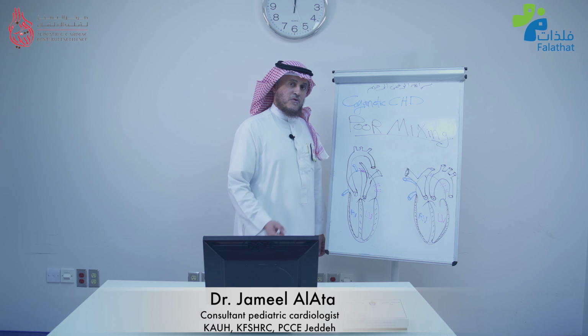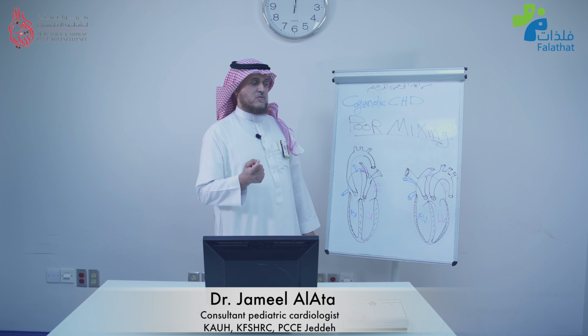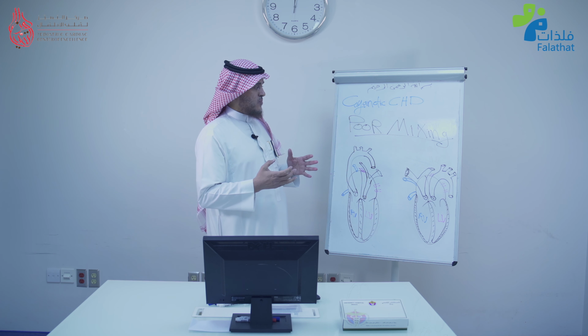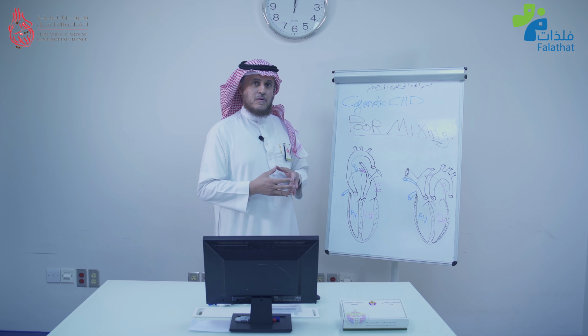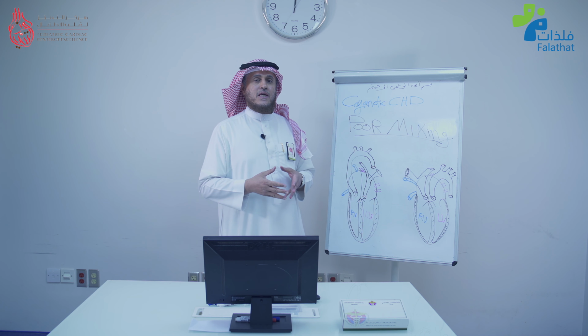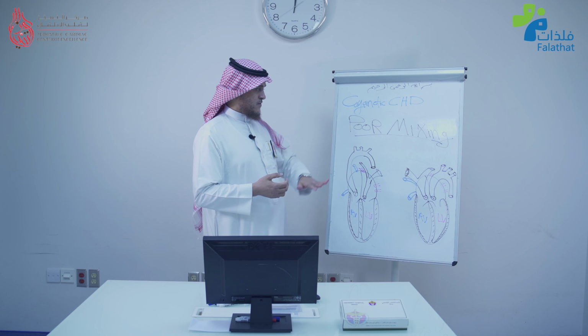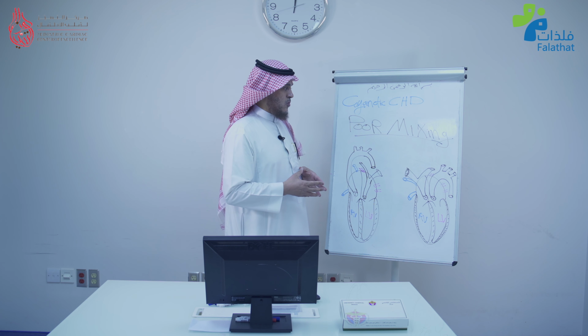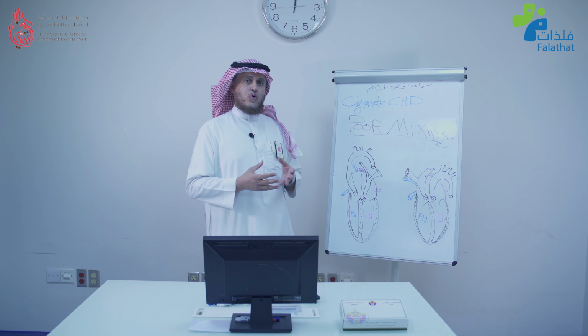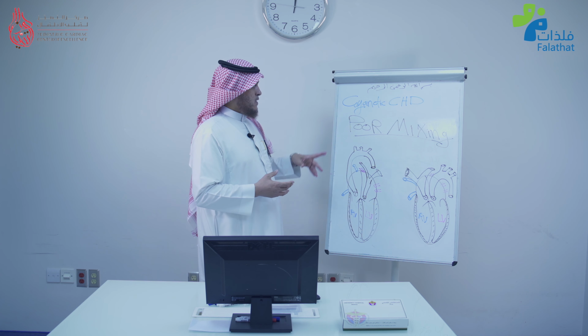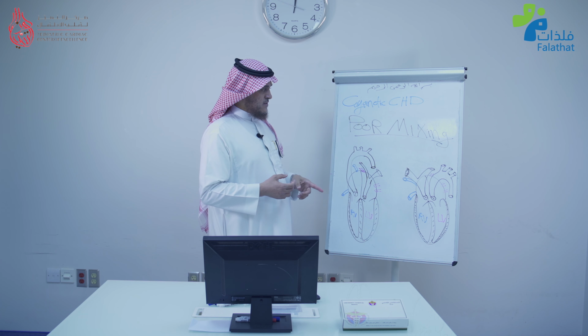So this is our third session to talk about the other unique pathophysiology we see in cyanotic congenital heart disease, which is the poor mixers, and I'll explain what I mean by poor mixers or poor mixing. So it is cyanotic congenital heart disease.